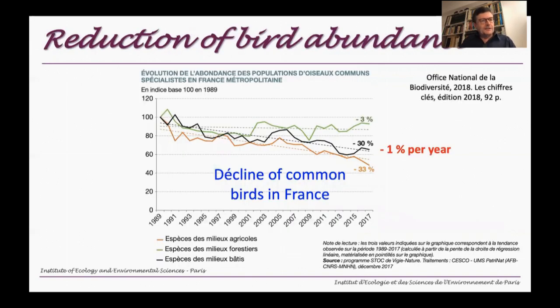This decline can also be seen through the number of individuals within species. In France, for example, the number of common birds decreases by 1% a year, with, of course, a clear risk of extinction in the short term.